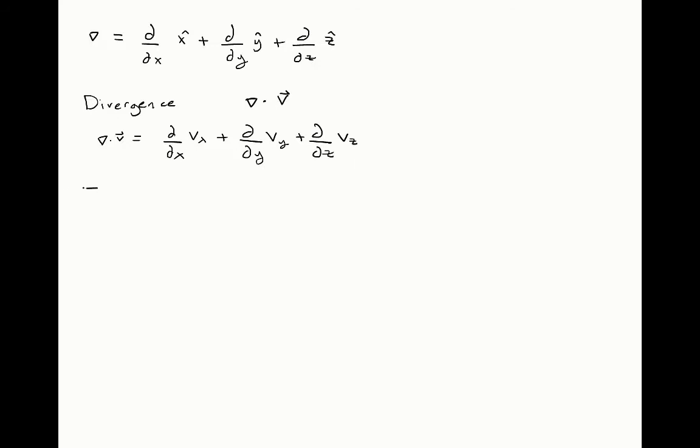So let's look at an example. We're starting with a simple example so we can visualize it. So the divergence of V, well, it has no x component, it has no z component, so we just have to worry about this term. So the derivative of the y component with respect to y is just 2y. That's all it is. So that's a scalar.